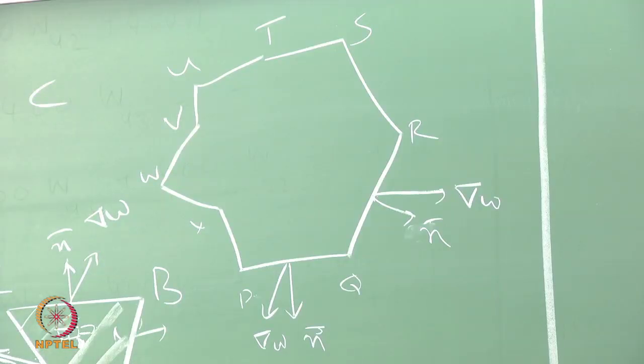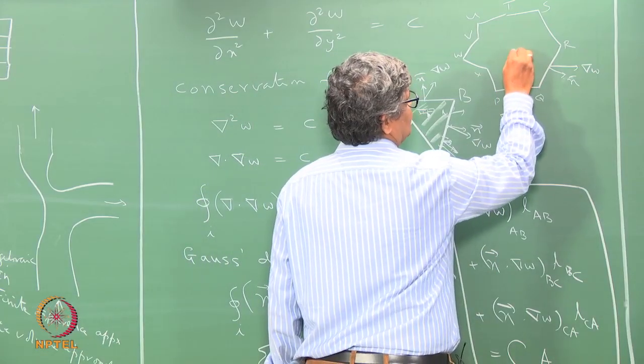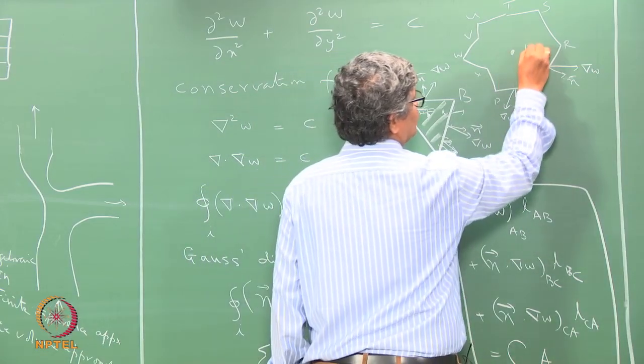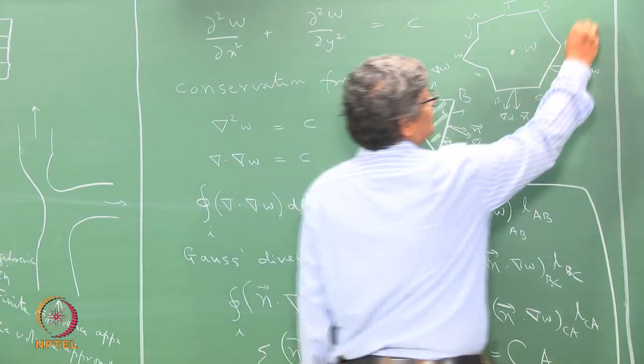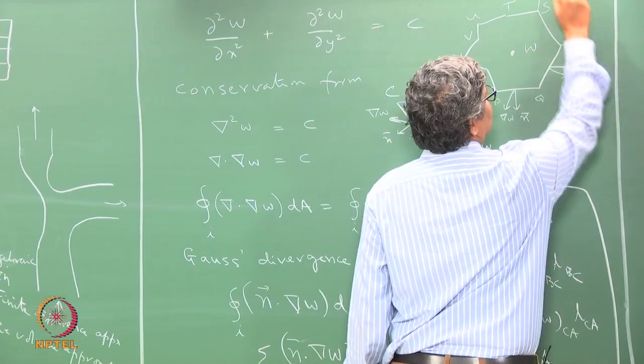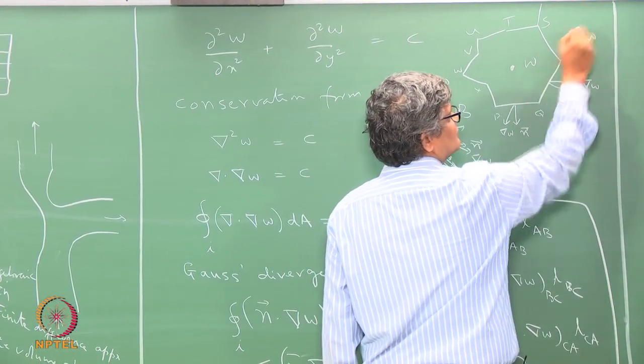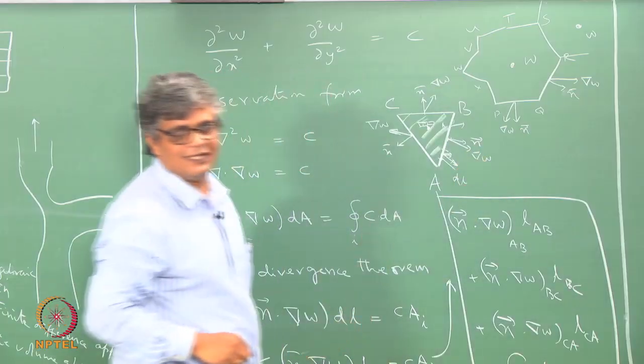Now, what is this gradient here? It depends on, you have a cell node and you have a W associated with this, and you have another cell here, and this is part of another cell here, and if you know this value and this value, from this you can evaluate the gradient.